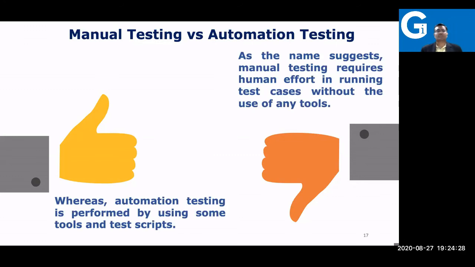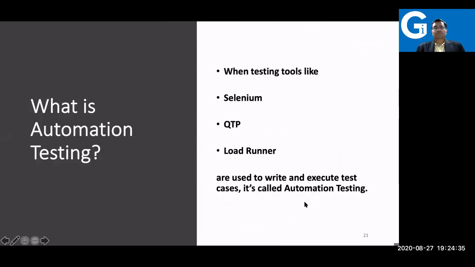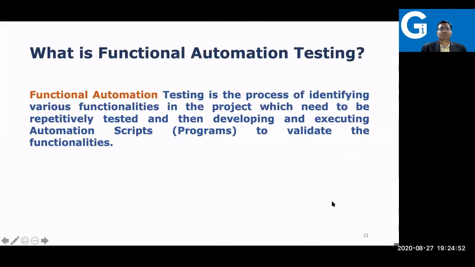Whereas with automation testing, you are performing using certain testing tools, like Selenium, QTP, and LoadRunner. We have the next workshop on Selenium itself, that is for web automation testing. So you may use various tools in automation testing.